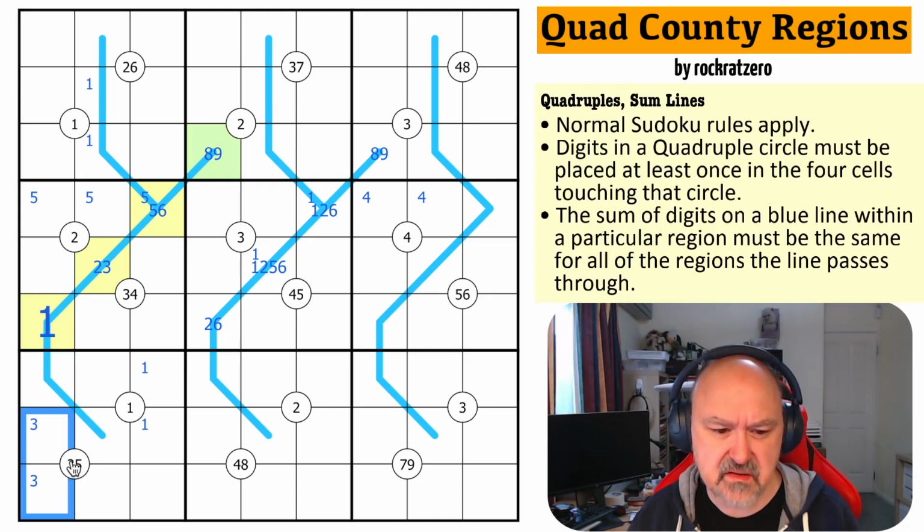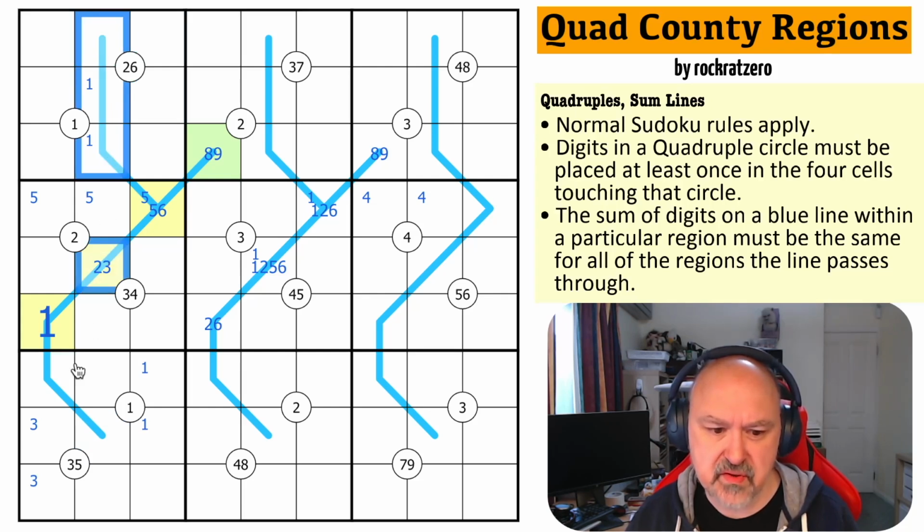But that's not helping me much. So there's no 1 or 3 on this. So if it's 8, it's 2, 6. Which would force 2 up here, which would make this 1, 3, 5, this 2, and this 6.